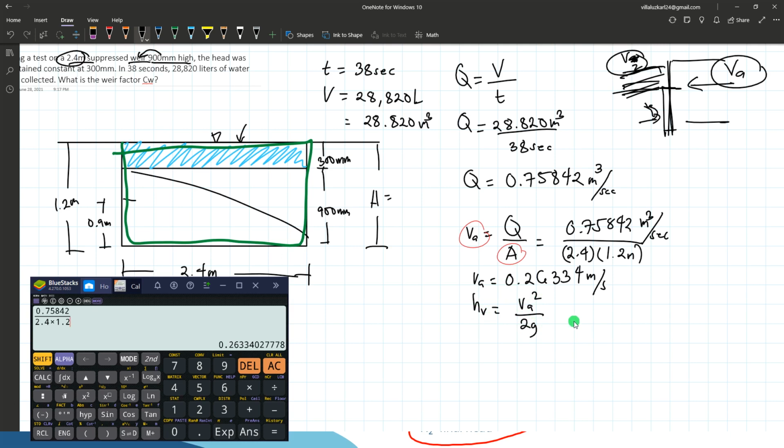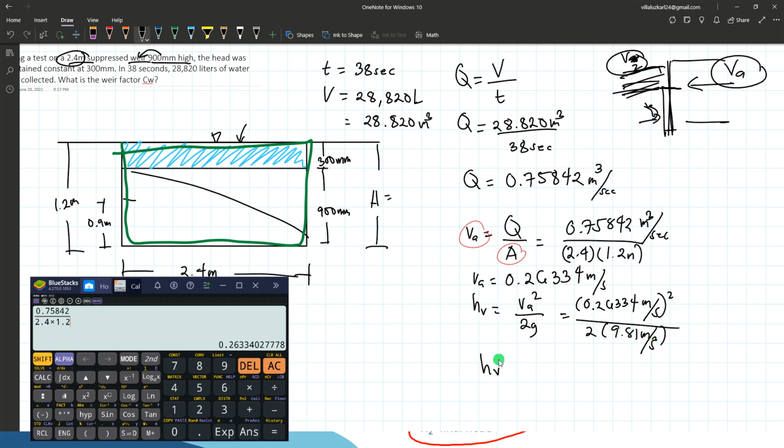V squared over 2g. Substitute now 0.26334 meter per second raised to 2 divided by 2 times 9.81 meter per second squared.